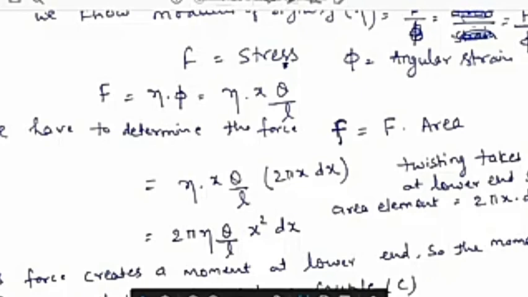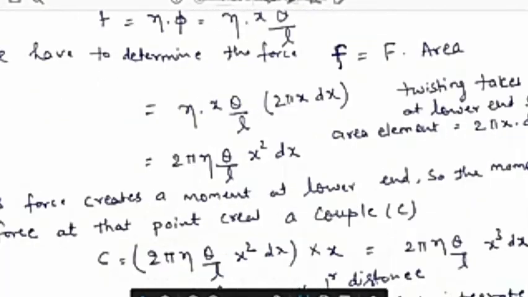This force forms a couple, in terms of the moment of force, because we know that a couple is formed by two equal and opposite forces acting at points, with the same magnitude but opposite direction. So c equals 2 pi eta theta by L x square dx into x.